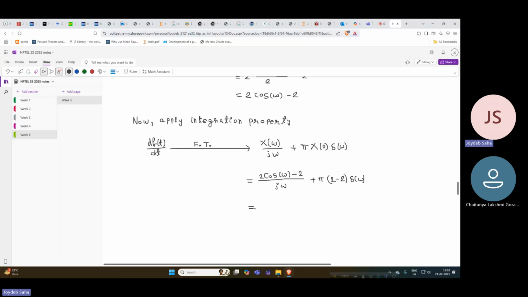So this is 0. So only we have (2 cos omega minus 2) divided by j omega.